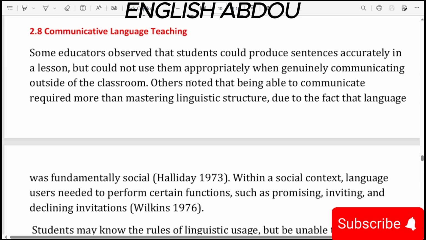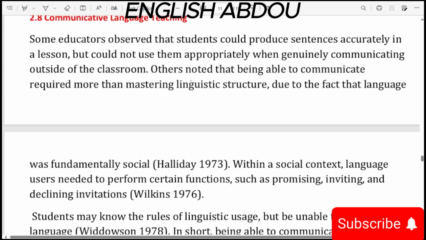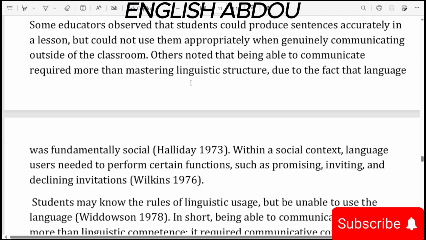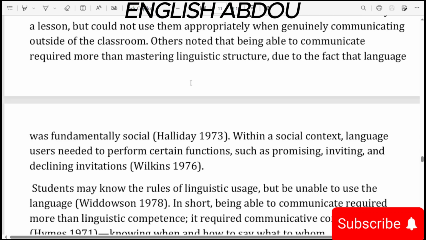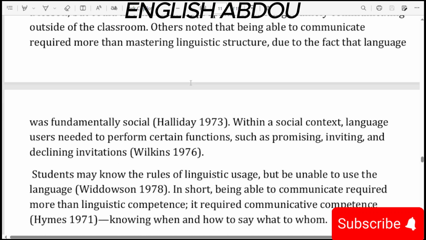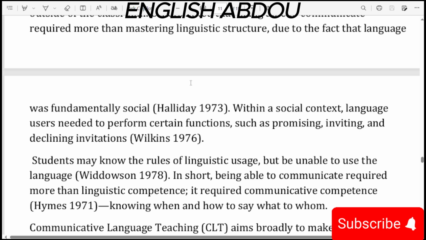Others noted that being able to communicate required more than mastering a linguistic structure, because language is fundamentally social. Within a social context, language users needed to perform certain functions such as promising, inviting, and declining invitations.